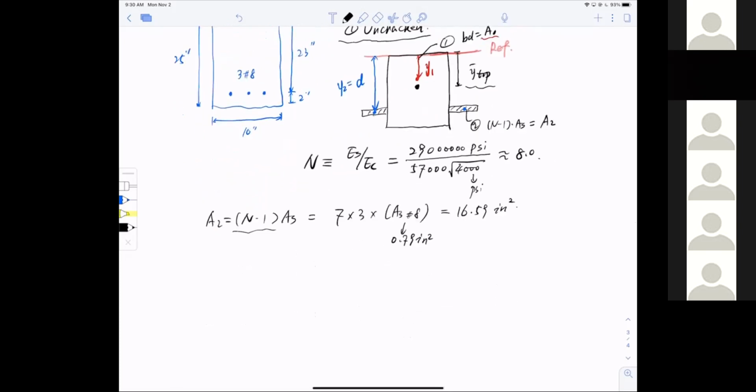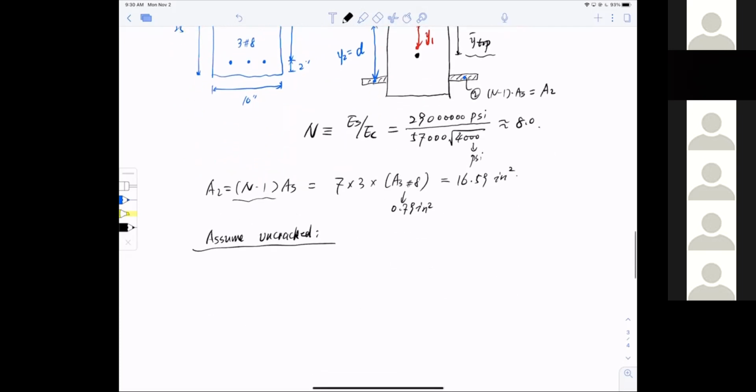So just say assume uncracked. I'm still working under the assumption of uncracked. So y top equals sigma Ai yi divided by sigma Ai. In this case, A1 is b multiplied by d, so b is 10 inches, height is 25 inches.